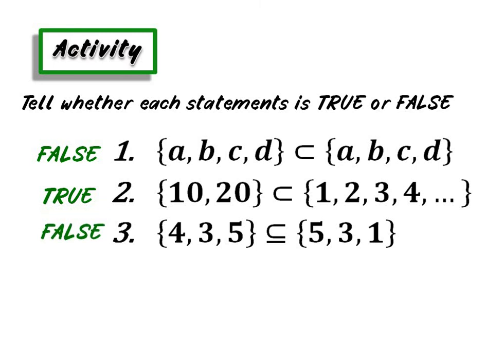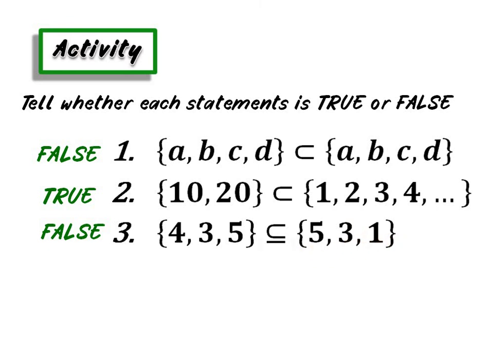Because even though they have the same number of elements, their elements are not exactly the same, thus the two sets are not subsets. You will notice that 4 in this set is not contained in the other set. The set containing 4, 3, 5 is not a subset of the set containing 5, 3, 1.